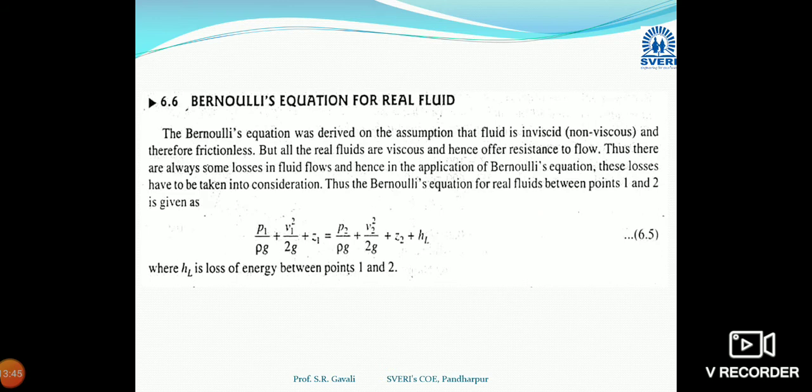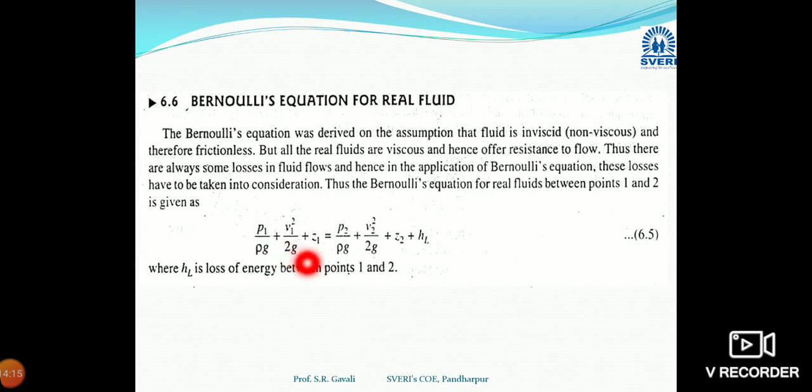And therefore at two sections, inlet and outlet, the total energy will not be exactly the same. So some of the quantity of inlet energy always goes to overcome the friction, and that is called head loss or head loss due to friction. Always remember that head loss we have to add at outlet, because energy at inlet is always more and energy at outlet is always less.